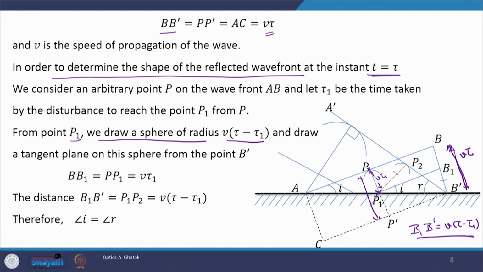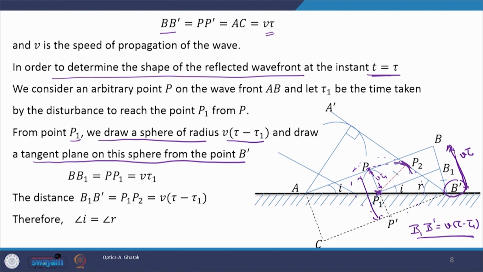Once the sphere is drawn, we will draw a tangent plane on this sphere from point B prime. From P1 we drew a sphere, and with this sphere we drew a tangent, and this tangent is touching this sphere at point P2.